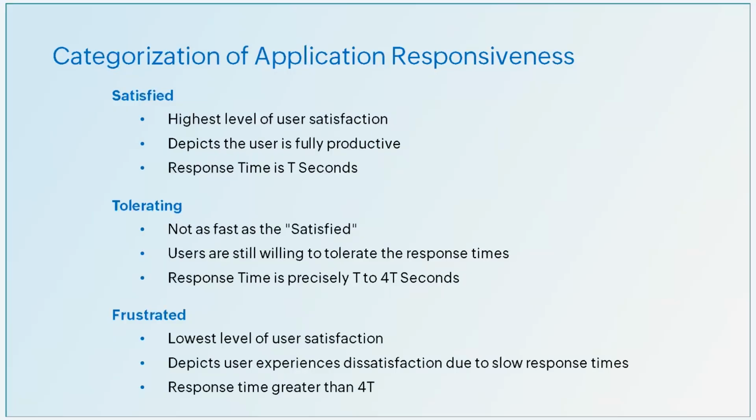The last is frustration. This category represents the lowest level of user experience where the application's response time is below the tolerating threshold. Users in this category are more likely to be frustrated with the application's performance as it does not meet their expectations.